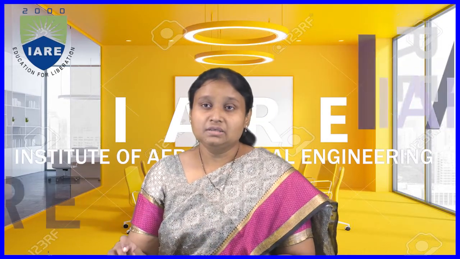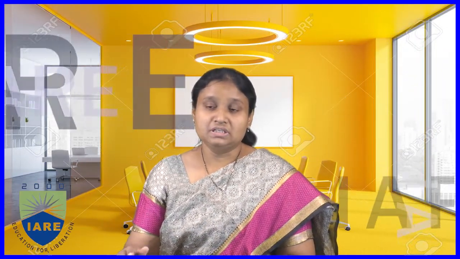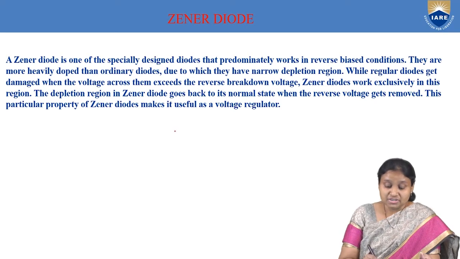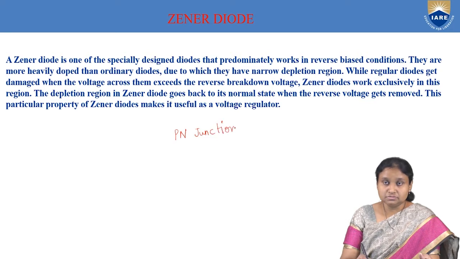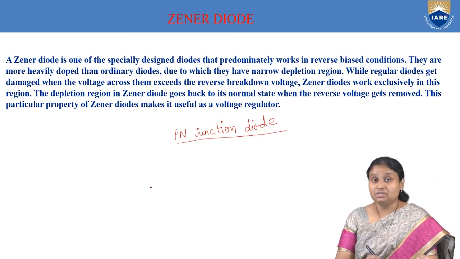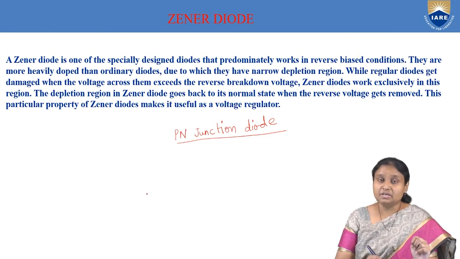So before starting about the Zener diode, first let us have a brief introduction about what exactly a PN junction diode is. Generally, how do we form a PN junction? We are going to take two types of extrinsic semiconductors.